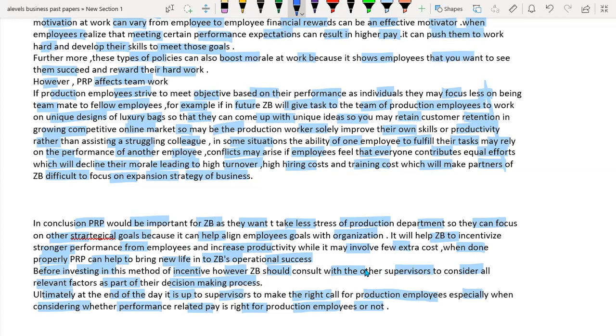They have to consider other supervisors and all relevant factors as part of their decision making process. Ultimately, at the end of the day, it is up to supervisors to make the right call for production employees, especially when considering whether performance related pay is right for them or not. So this was my conclusion part.